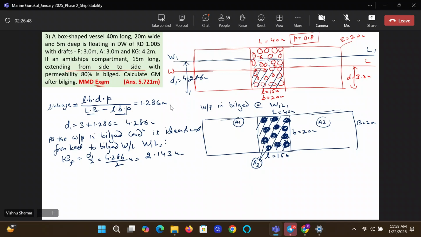Correct, guys? KB is 2.143 meters, right? Done? Yes or no? Yes, sir.